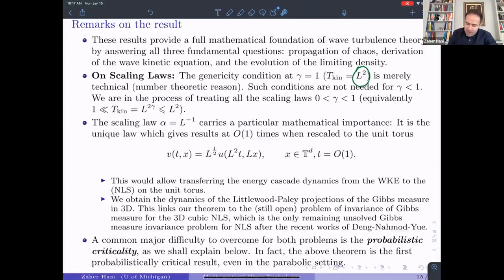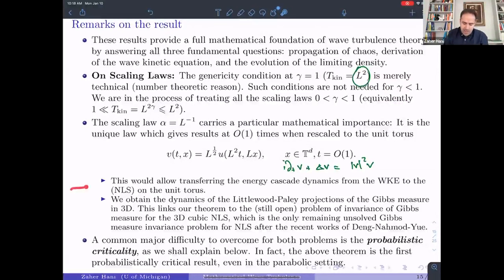And if I rescale everything as such to a box of size 1, then this V satisfies the usual sort of non-dimensional, if you like, NLS equation, with |V|^2 V, okay? And because I was dealing with timescales L squared, because of this parabolic scaling in time, when I rescale back to the unit torus, I will have results that are happening at times that are order of 1.